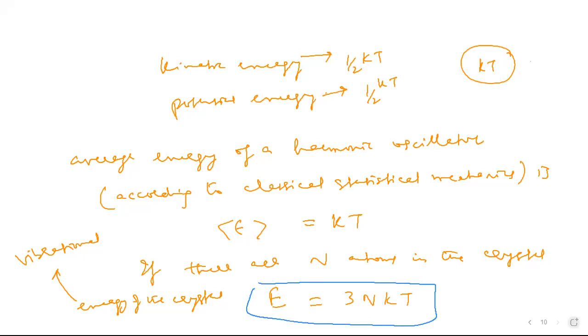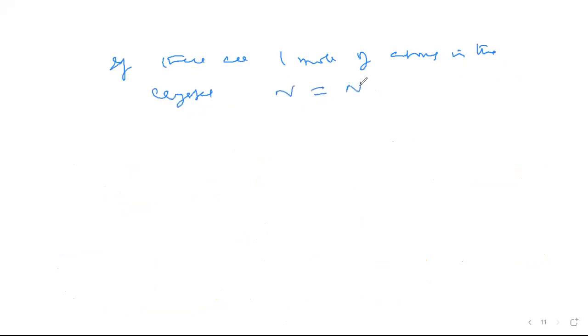Now, if there is 1 mole of atoms in the crystal, then n is Na, which is Avogadro's constant.